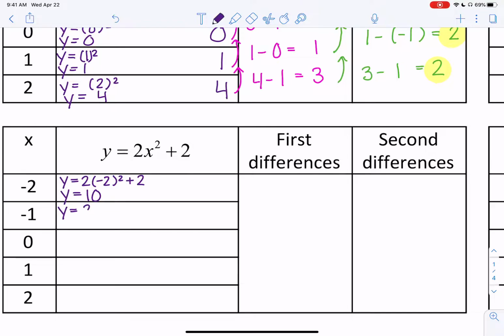For our second row, instead of writing an x, we'll put a -1, so that will give us 4. And if you continue on, you should get these numbers. You can do those in your calculator, but for the purposes of time, I'm going to go through them a little quicker.